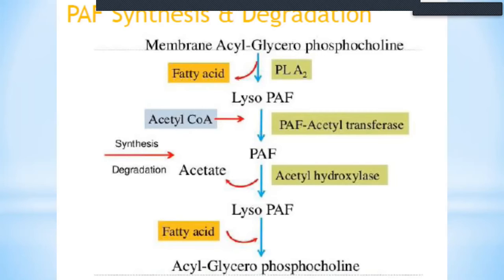This is acted on by acetyl coenzyme A, and with the PAF acetyltransferase, it is converted to platelet activating factor, and the synthesis occurs. The next step is the degradation step. The PAF is acted on by the enzyme acetylhydrolase. So once again lyso-PAF is formed, the fatty acids combine with it, and acyl glycerophosphocholine is formed and degraded to such products.